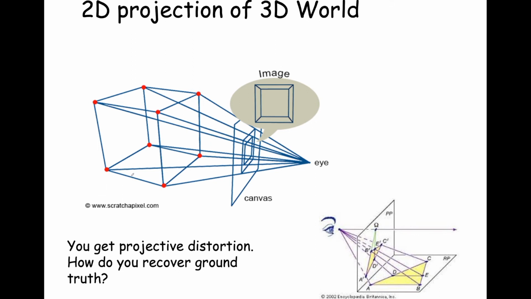And so you have a three-dimensional world, and you're capturing a two-dimensional slice or depiction of things that are in three dimensions. And so here we've projected in this picture those points for the corners of the cube onto the canvas, and the rays of light from the cube are being imaged by this two-dimensional plane.